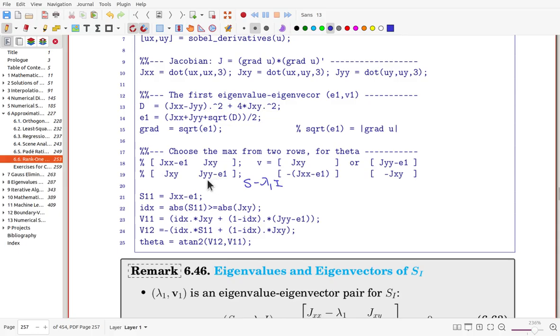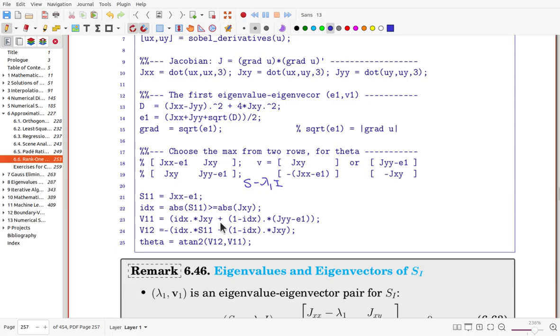The reason we can do it this way is that after subtraction of lambda 1, these two vectors, the top one and the bottom one, are dependent. One row is a multiple of the other one. So by comparing the magnitude of this one and that one, we choose the larger one pointwise.